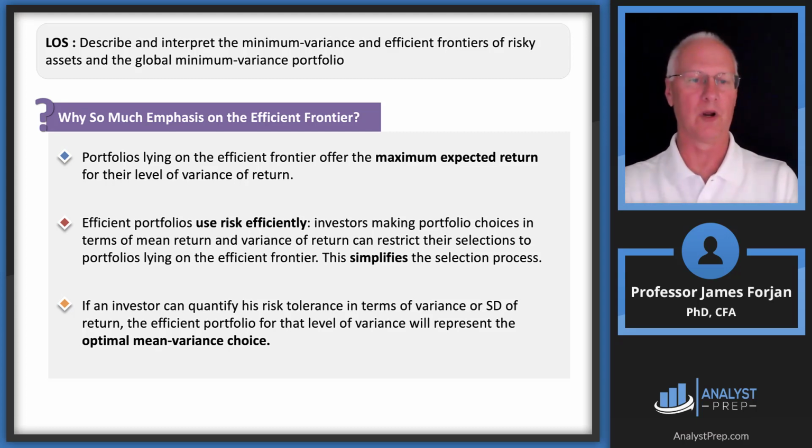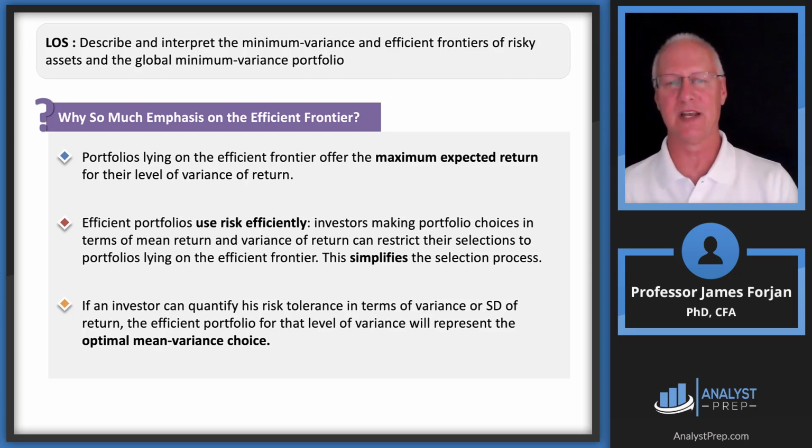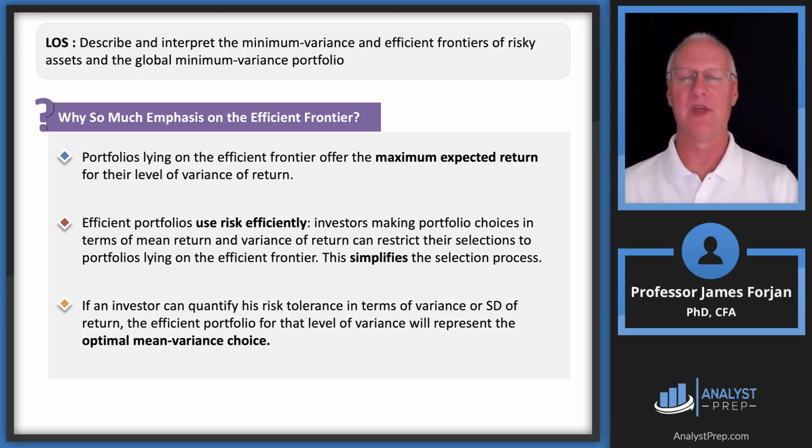We let them do all the work. Now, it's not really football players. We just let Excel or some other efficient portfolio software do it. Notice that last sentence and the second diamond point: this simplifies the selection process. And what happens then is that we get to an optimal mean-variance choice.